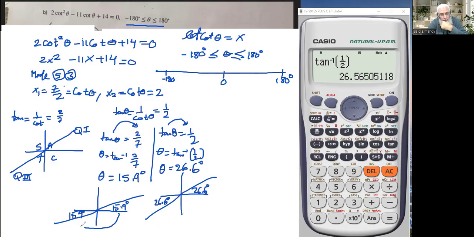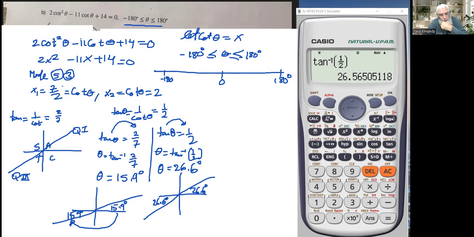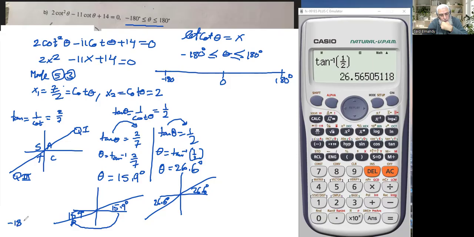This angle is negative 180 plus 15.9, which is negative 164.1. So one solution is negative 164.1 degrees.